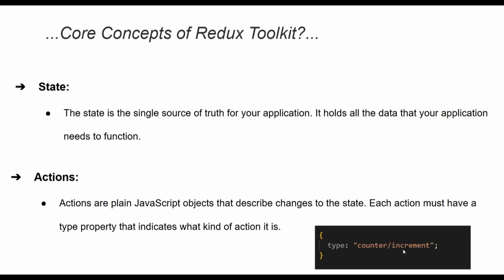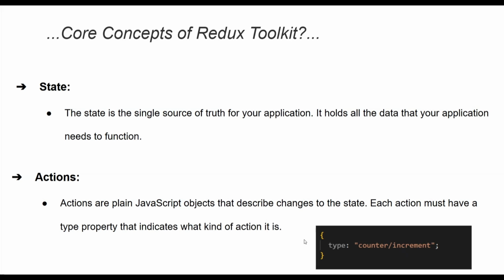Here we have the slice, which we're going to see in a moment. Right here is the counter slice, and inside the counter slice, there's an action called increment. When a button is clicked, the current value is going to be incremented by a predefined number.